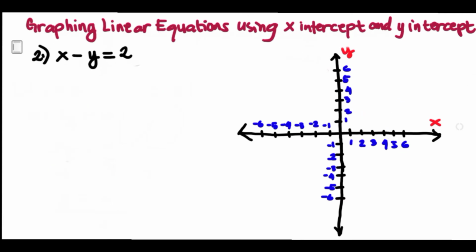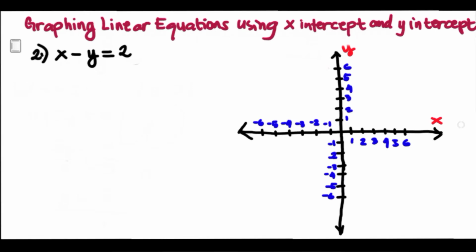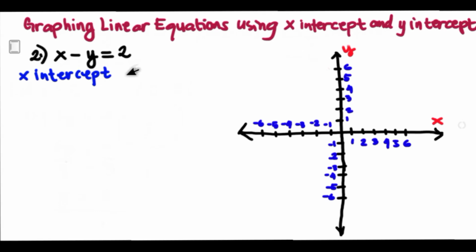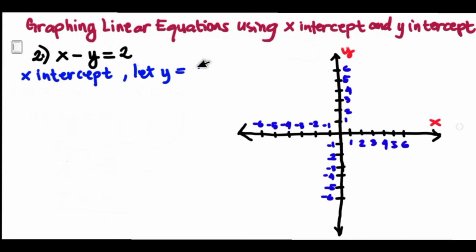Okay, let's have example number 2. x minus y is equal to 2. So, let us first start in finding the x-intercept. So, to find the x-intercept, we will let y be equal to 0 para x yung makuha natin.